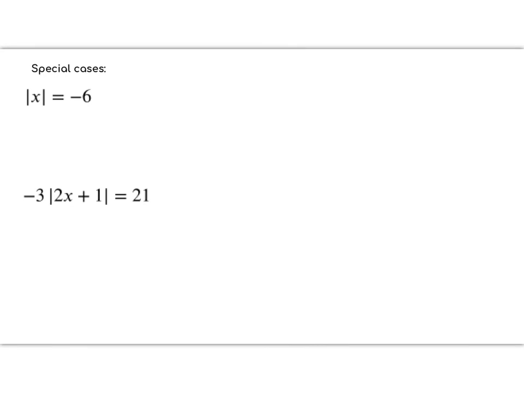There is no number whose distance from 0 is negative 6. You would never say that you walk negative 6 spaces from somewhere, or that there are negative 6 spaces from 0. So there's nothing that has an absolute value of negative 6. So you're going to like this because there's no answer. The answer is no solution.